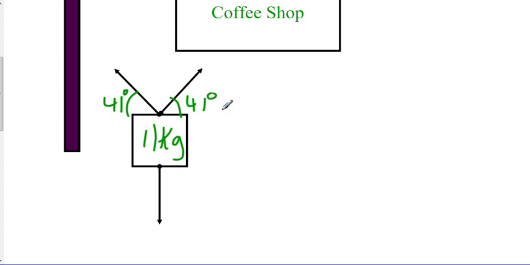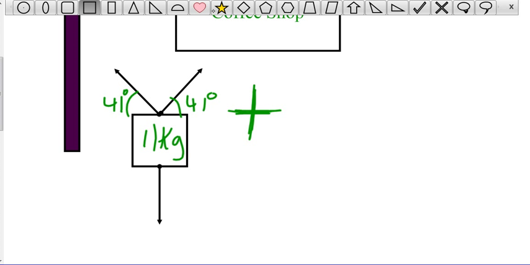Now, on our free body diagrams, we want it to only have perpendicular vectors, so meaning vectors that are only going straight up and down and straight side to side. And so when we get vectors that are at an angle, we need to break it up into its x and y components, similar to the vectors that we did before when we were talking about projectile motion. And so this will be your first free body diagram, but it won't be your last for this particular problem.